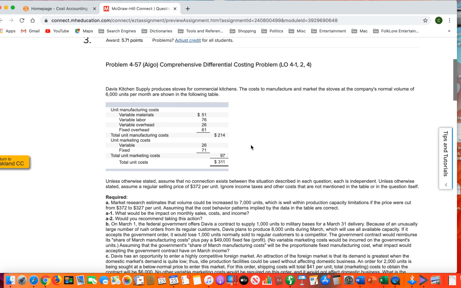So if you add the 153,000 plus the 45,750 plus the 49,000 they're going to give you, add those three numbers up.